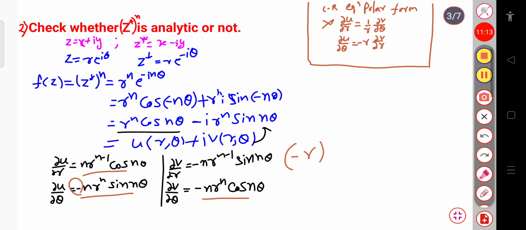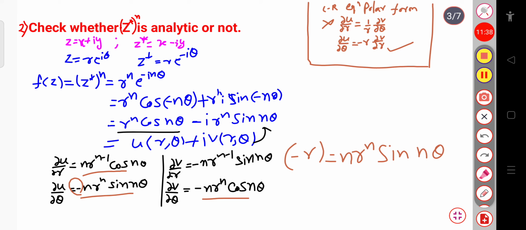I am writing this expression here. So this minus becomes plus n r^(n-1+1), so this becomes r^n into sin nθ. Okay. This is ∂v/∂r multiplied by minus r. Now this ∂u/∂θ, you can see this is the minus of n r^n sin nθ.